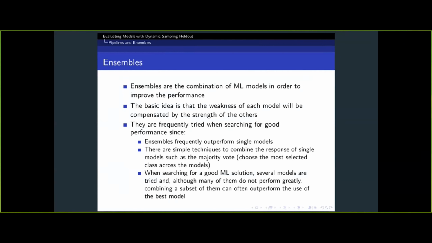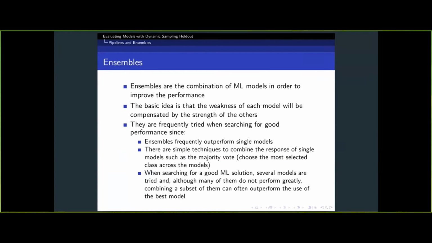And the thing about ensembles is that they are really good options when looking to improve our model performance, given that they effectively have a better performance than single models. So it's common that we have a better model with ensembles, and it's easy to combine models. As an example, we can just gather all predictions and elect the most voted class in a classification problem.